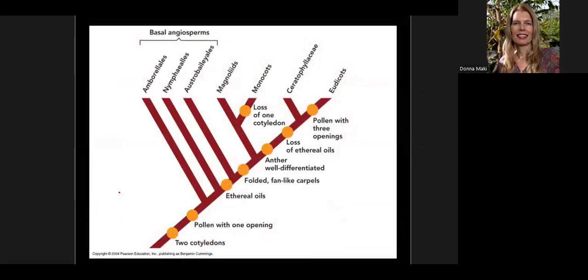So this is showing some ideas of how they've been tracking what's going on with the evolution of the angiosperms. And you're seeing a little bit more detail of the more ancient, the basal angiosperms, that means the more primitive type.